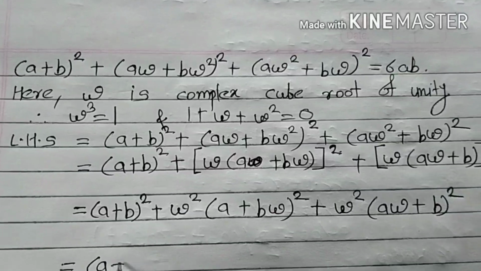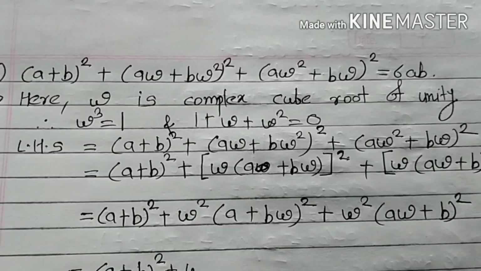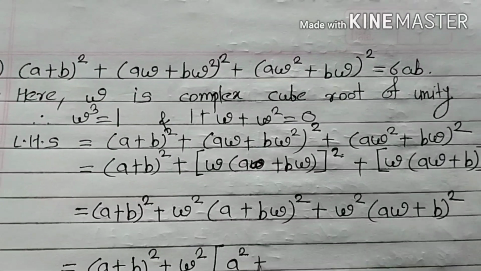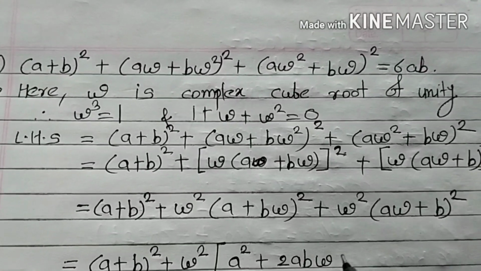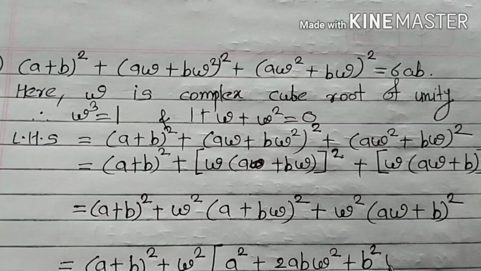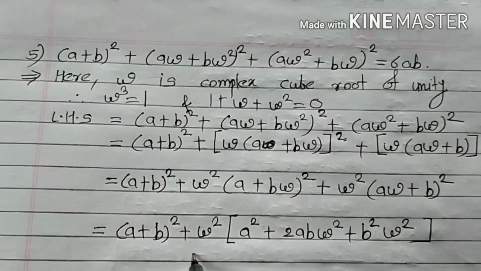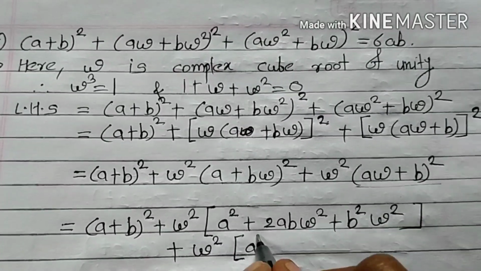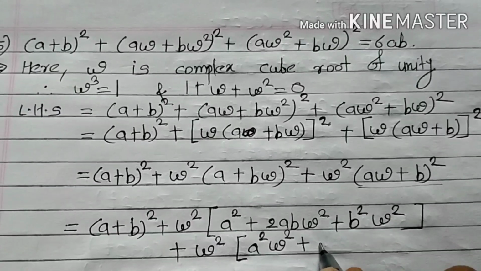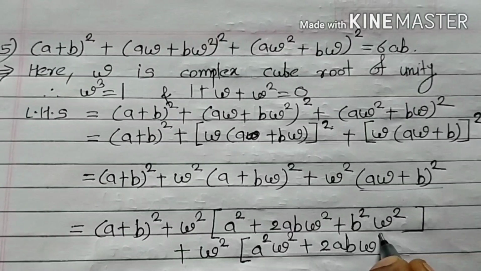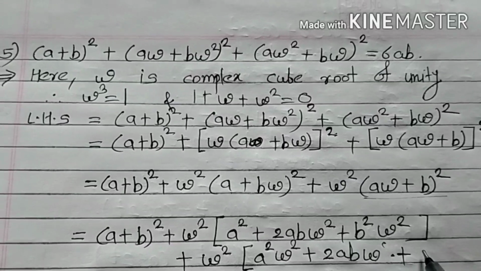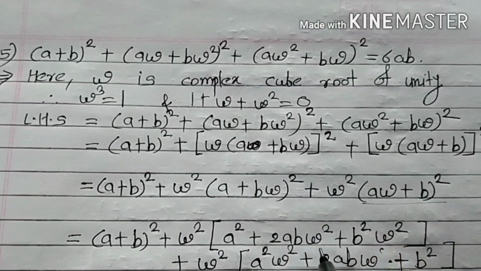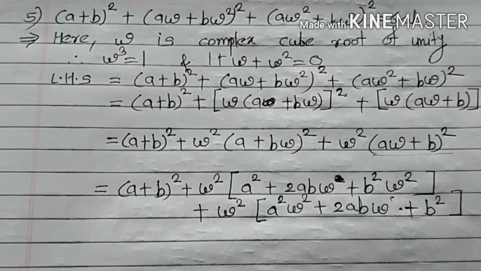Now in the next step, (a plus b) square plus, here use the (a plus b) whole square formula, so which is a square plus 2ab omega square plus b square omega square, plus here the (a plus b) whole square formula, so which is a square omega square plus 2ab omega plus b square. Sorry, here is one mistake, 2ab omega, so it is omega only.